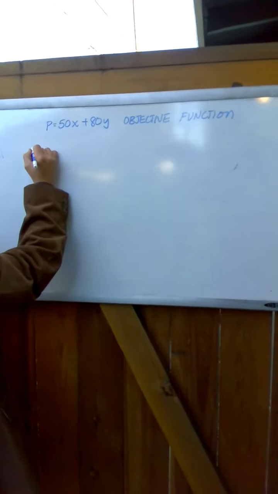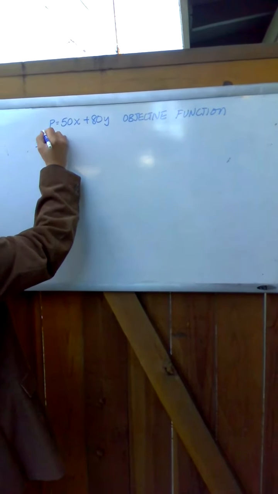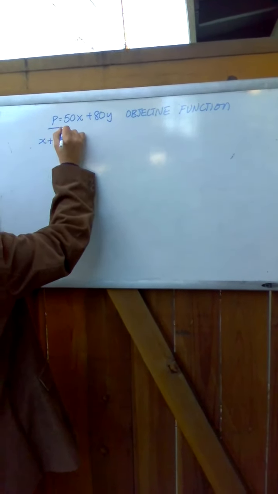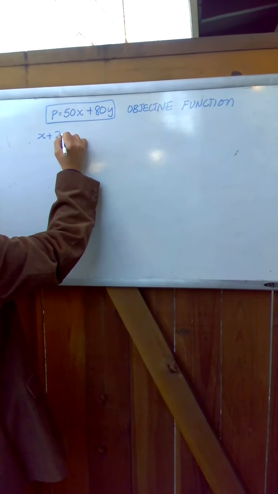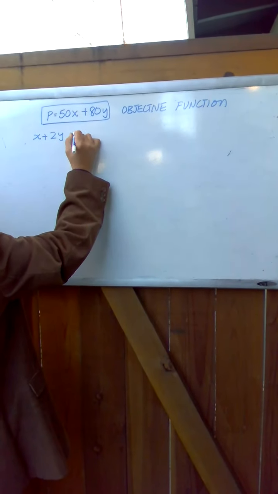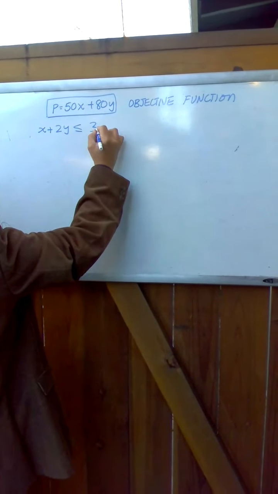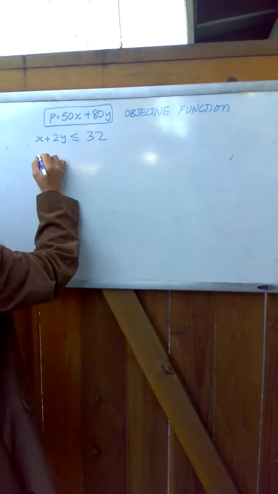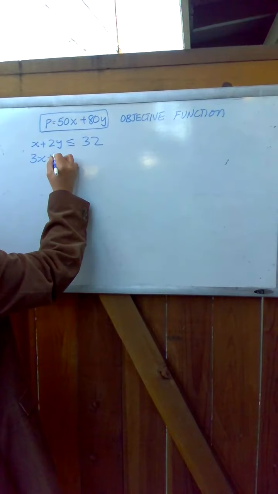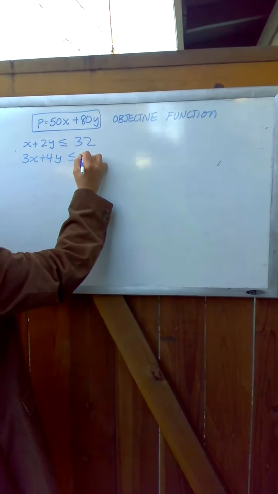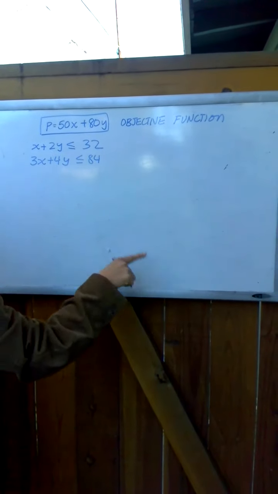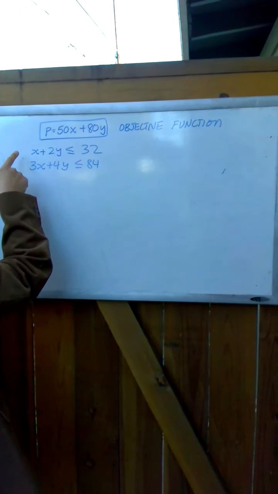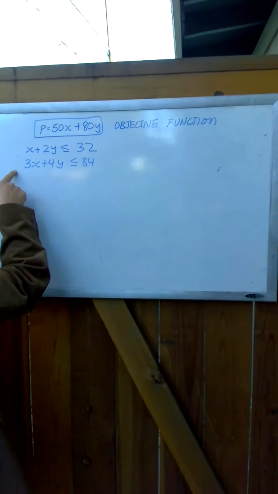Okay, so our system: this is our objective function, and then we have these restraints, x plus 2y less than or equal to 32, 3x plus 4y less than or equal to 84. These are from what we had from our chart for cutting and assembling.